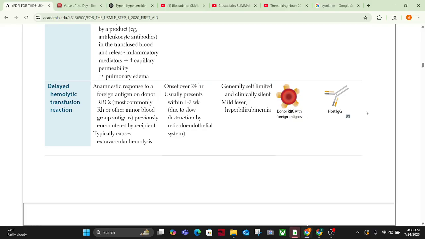So the recipient produces Rh antibody, also known as IgG antibodies, upon re-exposure to the Rh positive antigen.